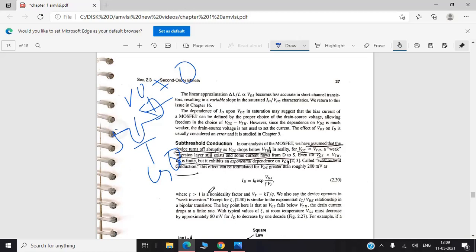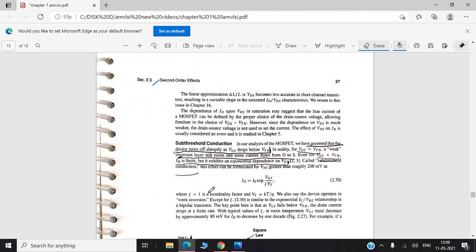Usually current flows from source to drain because the channel is formed from source to drain. But in the sub-threshold region, due to the leakage current, the current will flow from drain to source. So there will be a current flowing in the circuit even when the input is less than VTH.